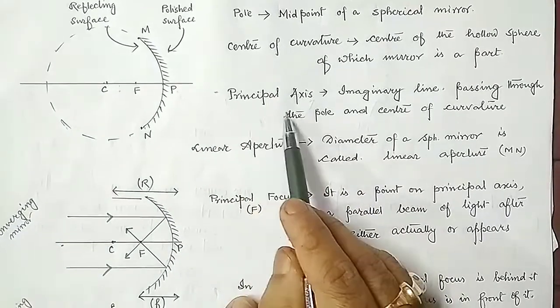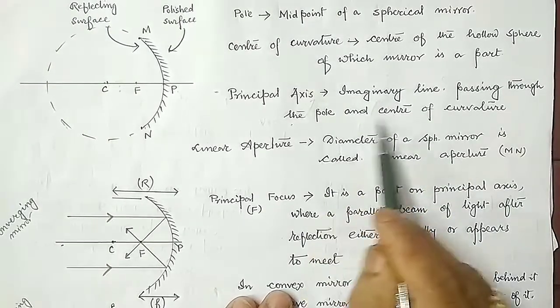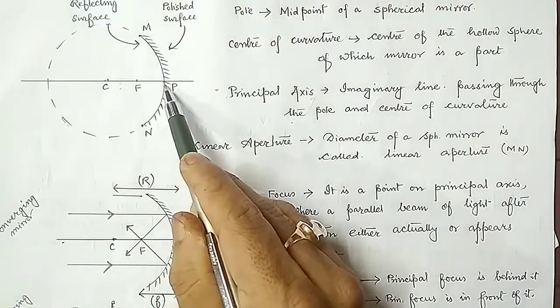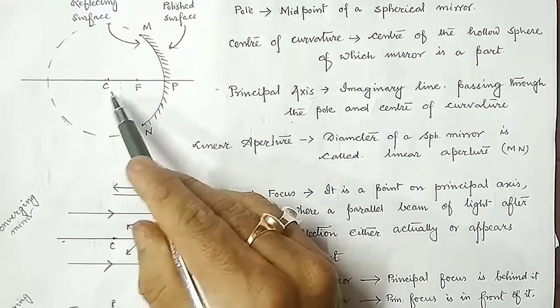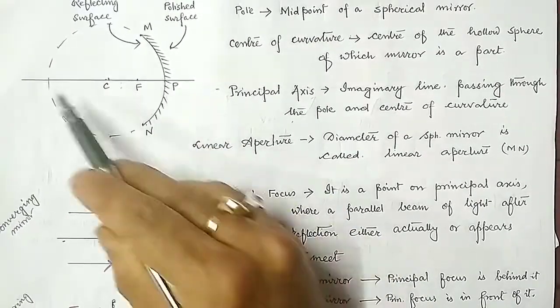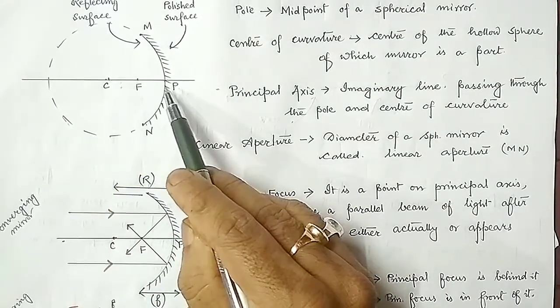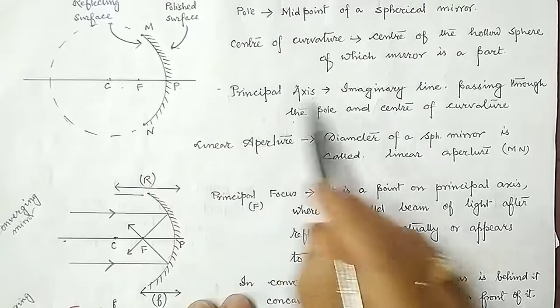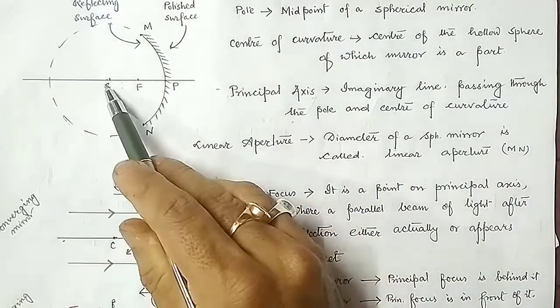Third term is the principal axis. It is the imaginary line passing through the pole and center of curvature. So this point is the pole and this is the center of the imaginary sphere. If I join this C and P by an imaginary line, because whenever we see this type of mirrors, we cannot see this type of line. So that's why it is written imaginary line passing through the pole and center of curvature.